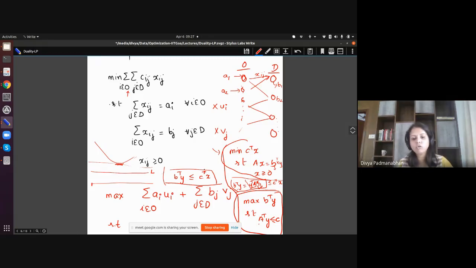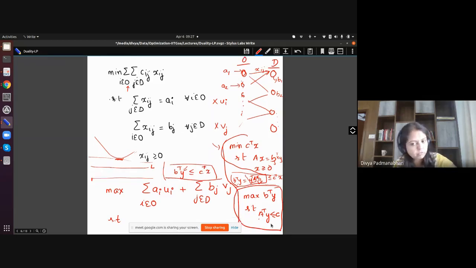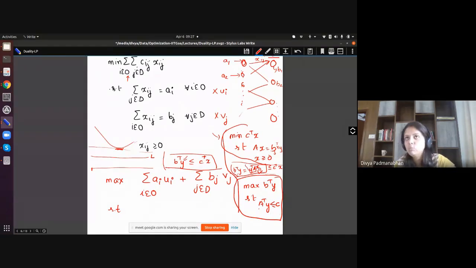Otherwise, if you allow y to be free, it's just going to be unbounded, and a bound like negative infinity is not a useful bound. So you put in more constraints, which ensure that at best you can meet your lower bound. That's the reason why we have these constraints.